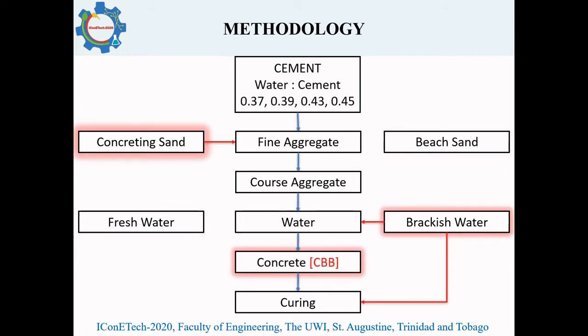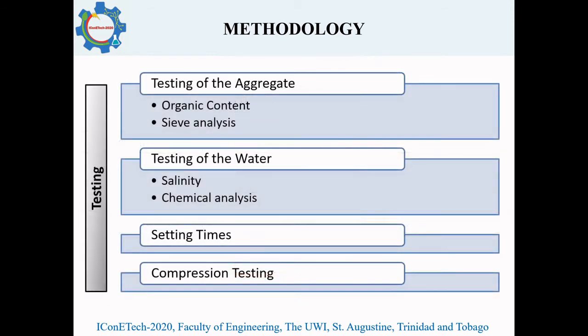Concreting sand as the fine aggregate, brackish water as the mixed water, and brackish water as the curing water. And lastly, beach sand as the fine aggregate, brackish water as the mixed water, and brackish water as the curing water.